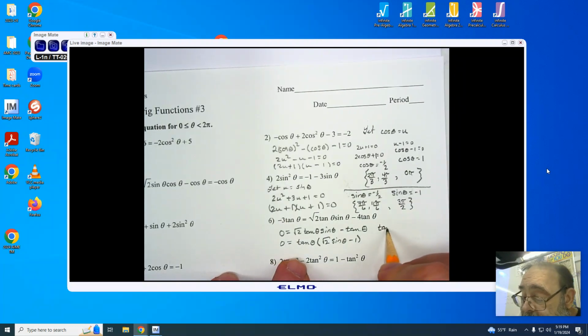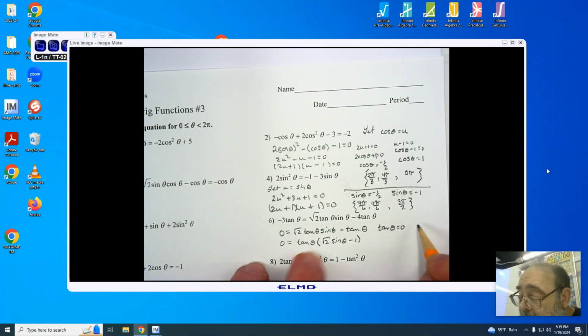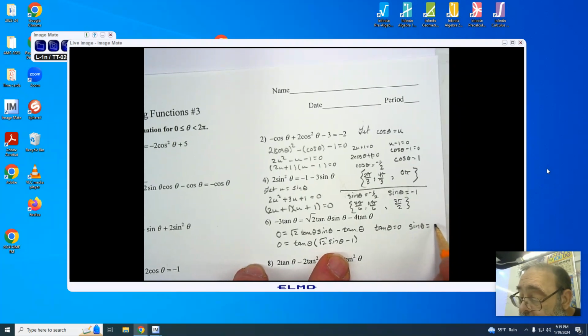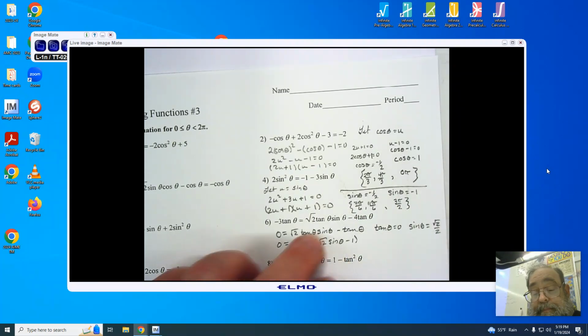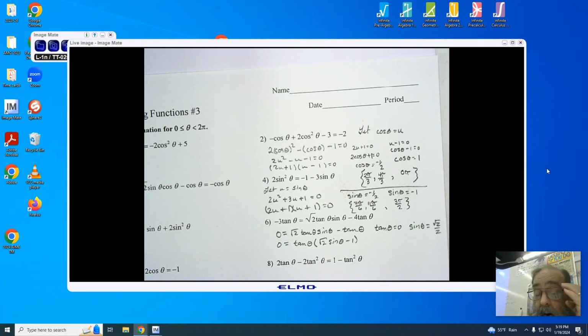When is tangent of theta equal to 0? And when I solve, when is the sine of theta equal to root 2 over 2? Now you'll notice I'm about to get several answers because we know that tangent is 0 at 0 and 1 pi.